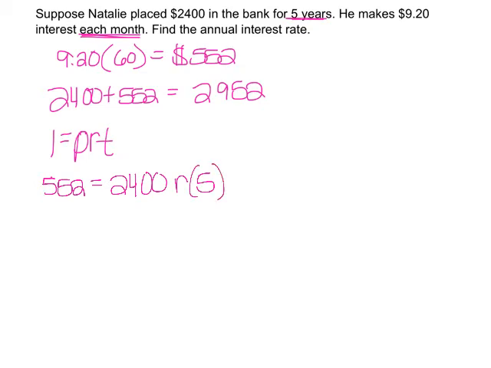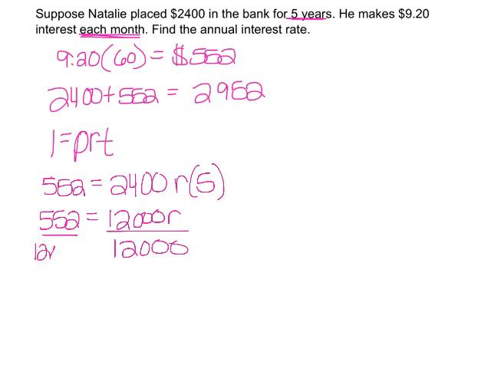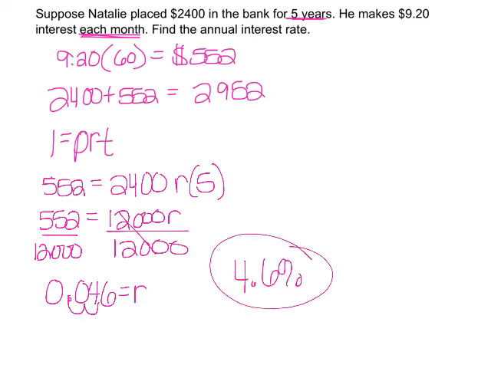So I'm going to get 2,400 times 5, which equals 12,000 times R. When I divide by 12,000, I'm going to get 0.046 equals R. And since I want that as a percent, I'm going to move my decimal over 2 places. So I get 4.6% was the rate.